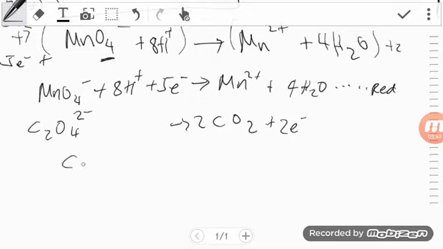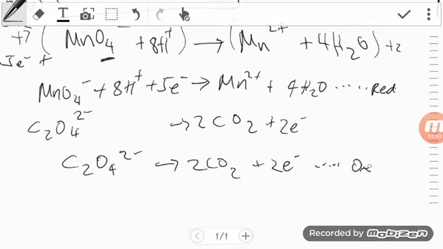So rewriting, oxidation. And so afterwards we're gonna multiply the electrons. We're gonna find the LCD. The LCD of 5 and 2 is 10, so this would be times 2 and times 5.